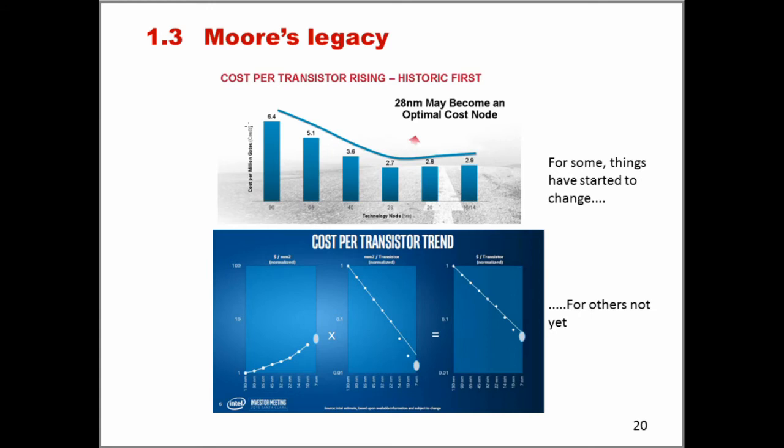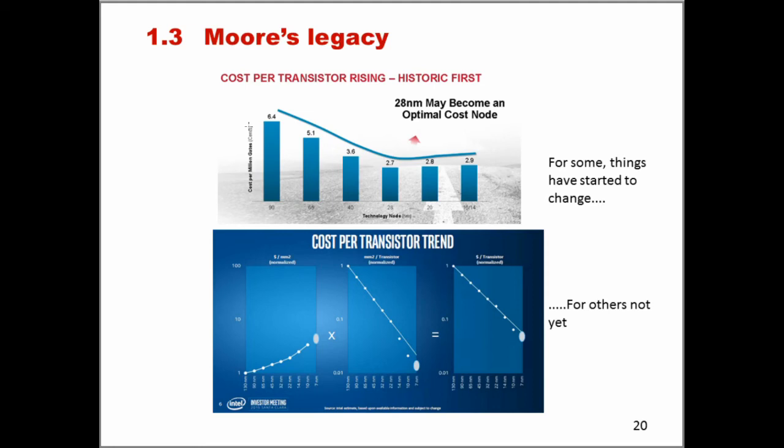As we said at the beginning, with Moore's law, we were initially in a fantastic situation where there are no trade-offs. The more you shrink, the better it is. But now we are slowly reaching a situation where shrinking is becoming more and more problematic. And some companies are starting to see the effects of this.